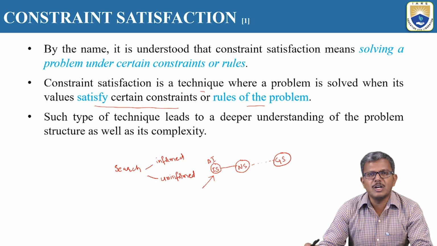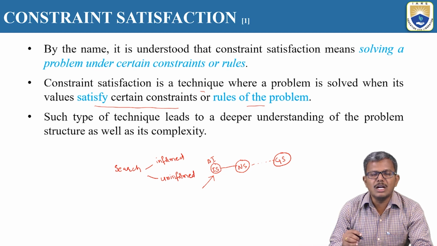Deeper understanding of the problem is very, very important. Why? Because from our first module onwards, we have been discussing that the knowledge base is very important to solve any kind of AI related problem. Until you have a large quantity and good quality of knowledge, you cannot make use of it and make the AI machine work intelligently.